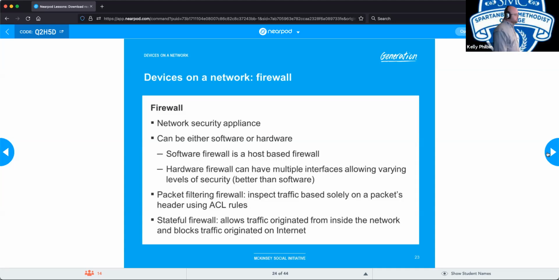If it's hardware, this is going to be on the edge of your network typically, although they do sometimes have internal firewalls. And it will have multiple ways you can interface with it and varying levels of security. And it is significantly better than a software firewall overall.